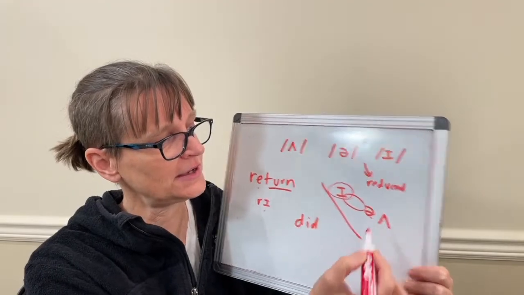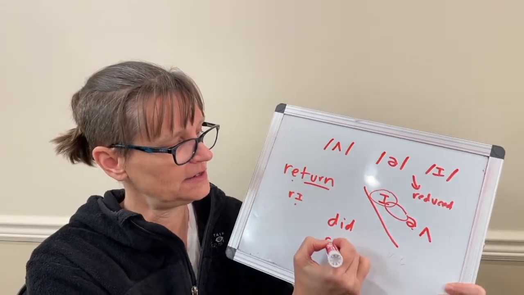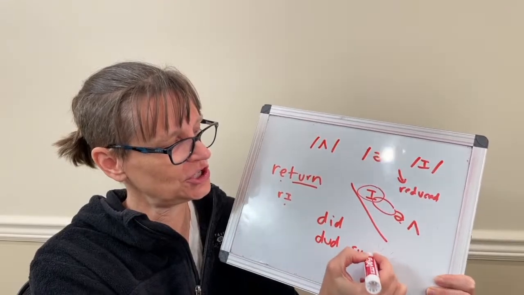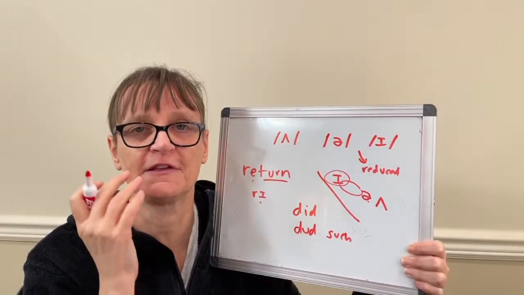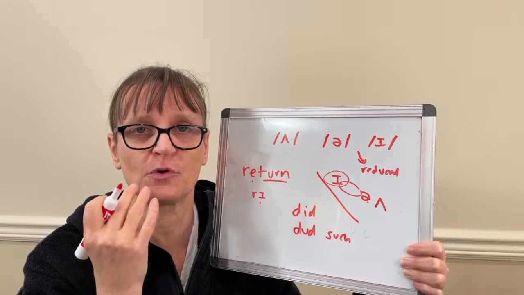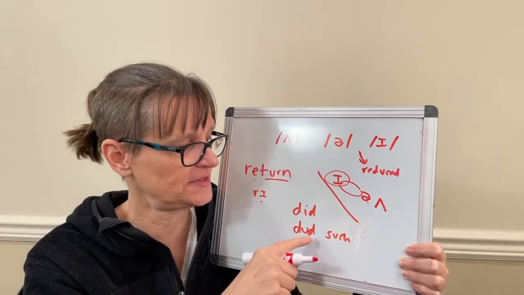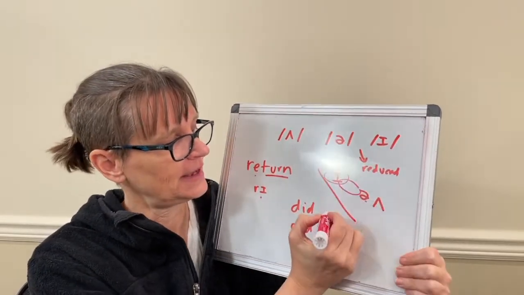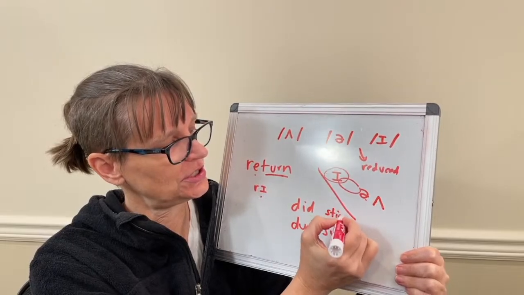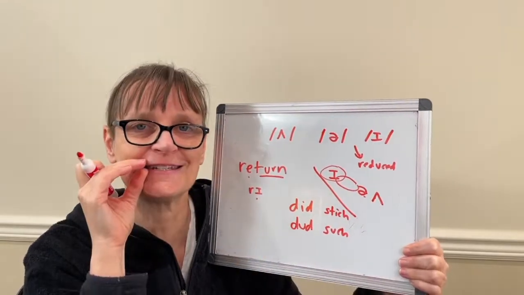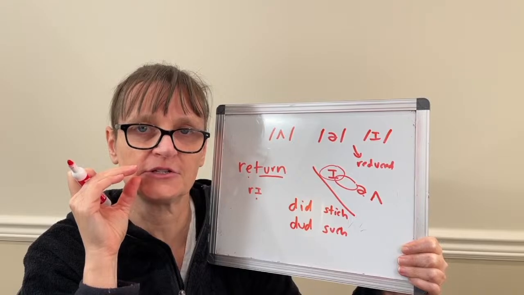When I say the schwa, like in dud or such, my tongue is relatively flat. It's more open. My mouth is more open than it is for I. So if I'm saying stitch and such, stitch is higher, such is lower.